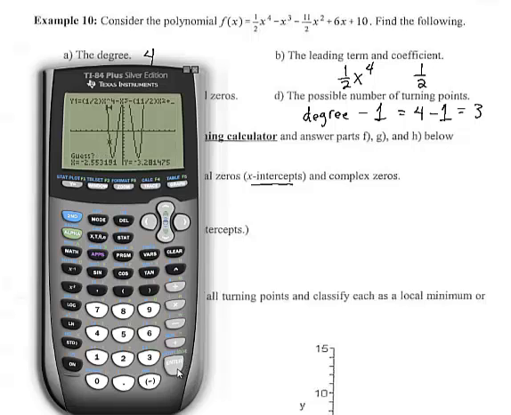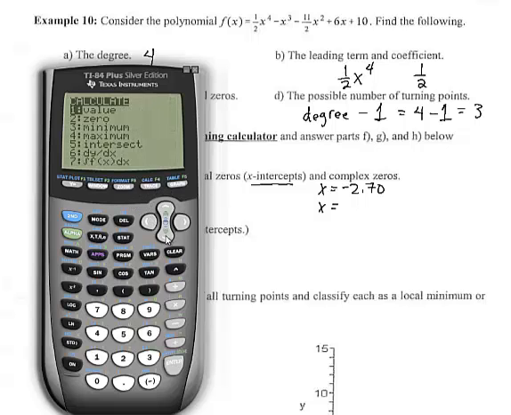I hit enter and enter a third time, and I get negative 2.70. And we're going to have 4 of these. So the second one, same procedure. Second, calculate zero. Enter on the left. Enter to the right, enter a third time, and we have x equals negative 1.